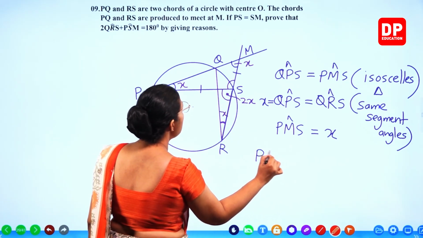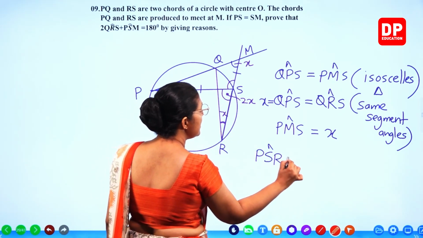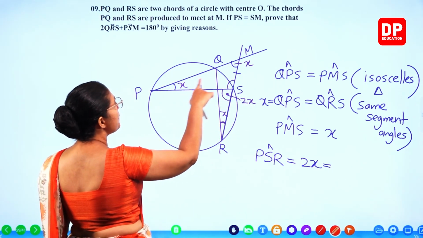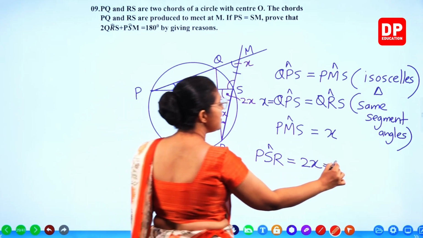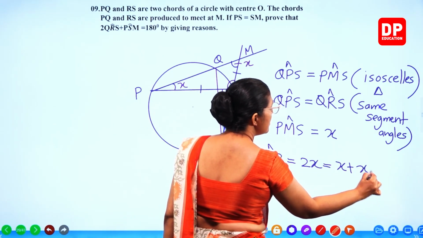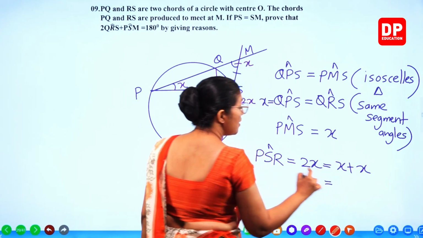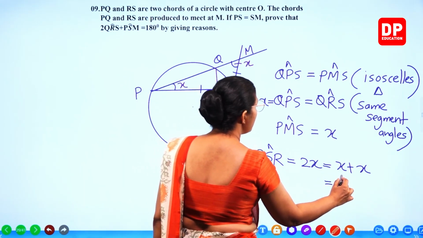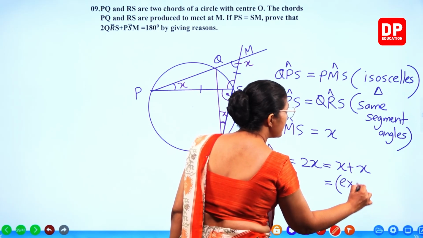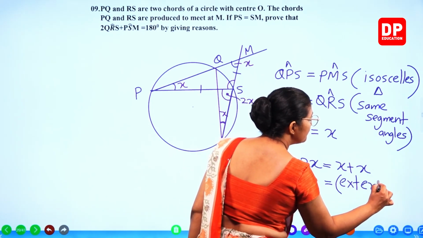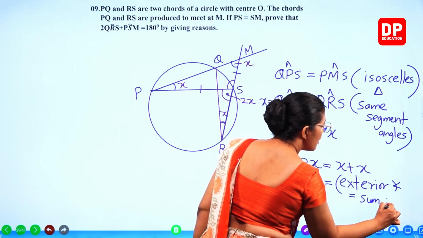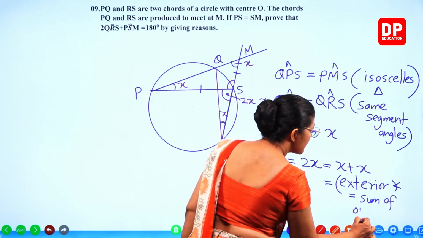You can write PSR angle is equal to 2x. Why? That's the exterior angle is equal to the sum of the opposite interior angles. So you can write the reason: exterior angle is equal to sum of opposite interior angles.